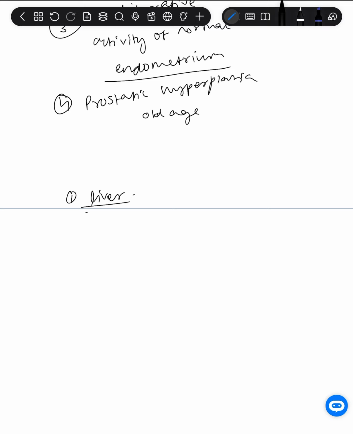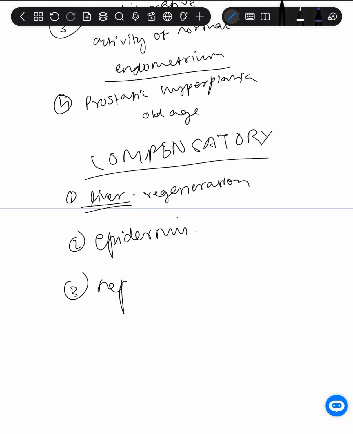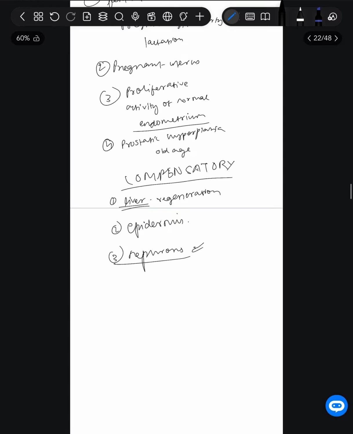If you go through hepatectomy, our liver will regenerate. Liver regeneration is a part of the compensatory mechanism of hyperplasia. Second, we have the epidermis, our own epidermis. Then we have nephrons also. After nephrectomy, nephrons also regenerate.